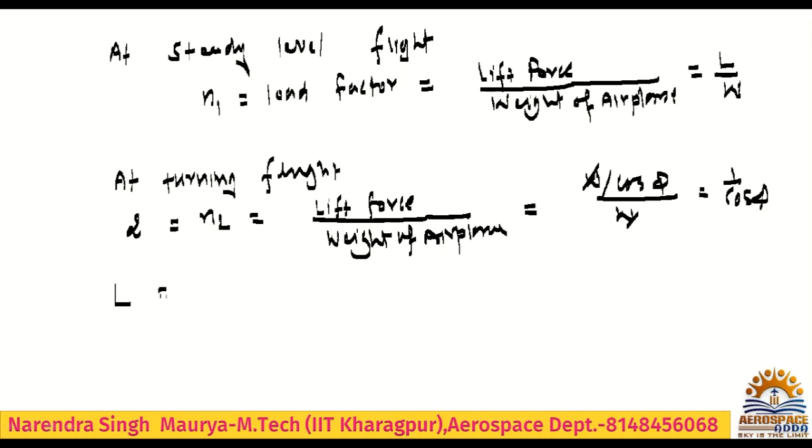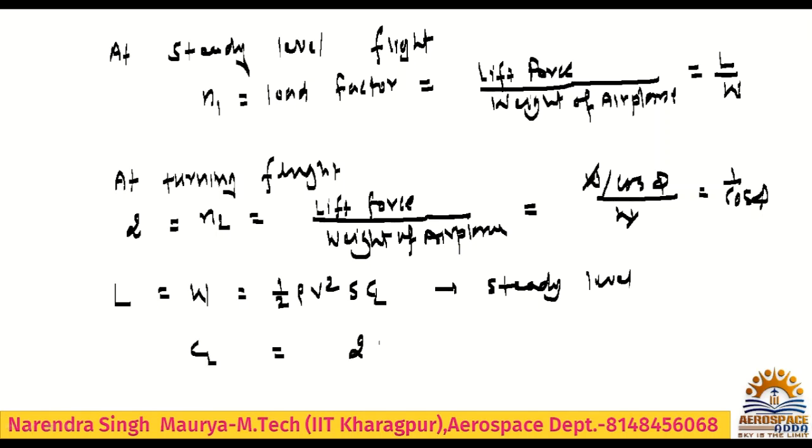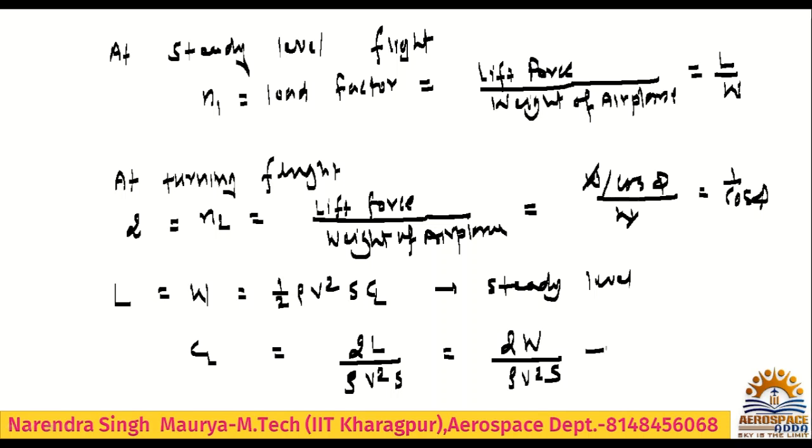Lift is equal to weight, which is half rho V square S into CL. If it is steady level, then L is equal to W. So CL will be 2L divided by rho V square S, or 2W divided by rho V square S. That is equation 1.